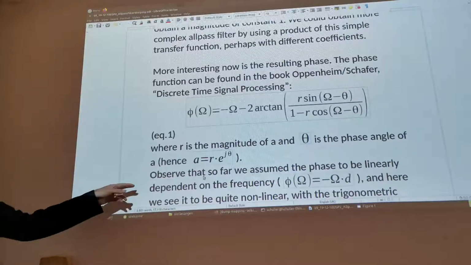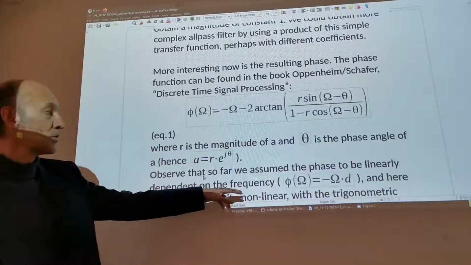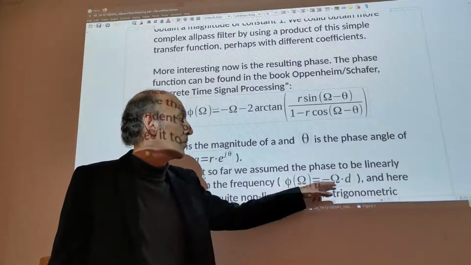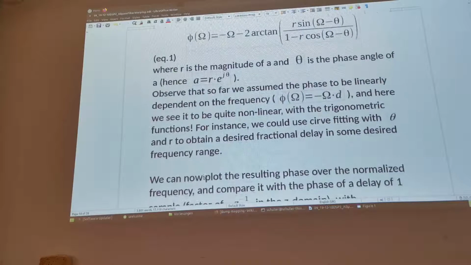Yeah, so far we assumed the phase to be linearly dependent on the frequency, which means phi would be minus omega times d. And here we can see it's not really linear anymore, with its sine and arctangents.